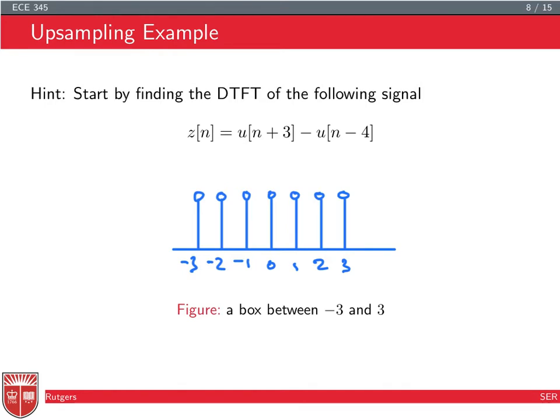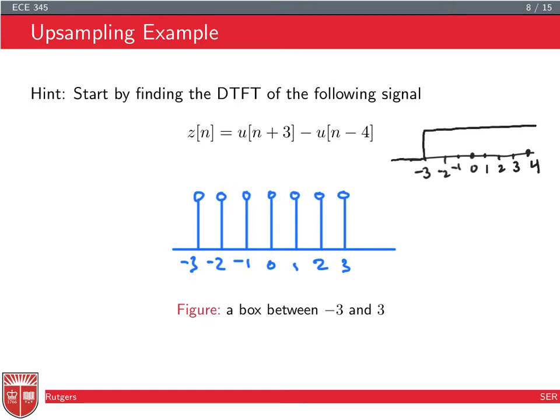Because if you take u[n+3], it's a step function that is shifted to the left. So this is 0, -1, -2, and -3. So it starts here, right? And you have 1, 2, 3. And now you want to kill everything starting at 4.